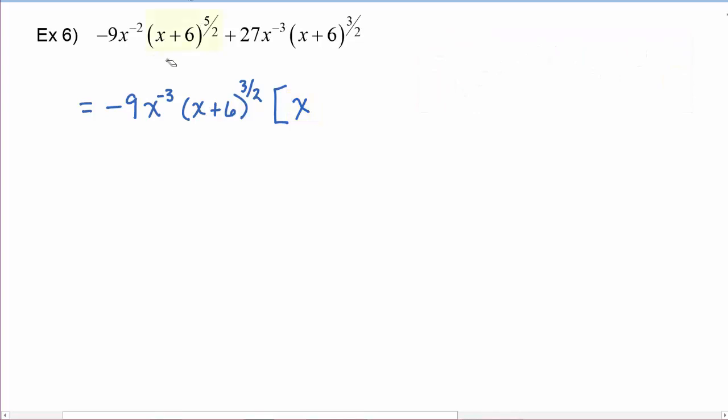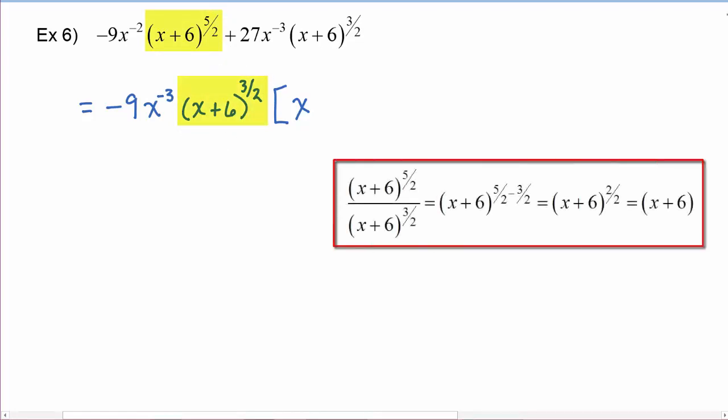Now when we have x plus 6 to the 5 halves divided by x plus 6 to the 3 halves, we know that means we'll have to do 5 halves minus 3 halves, which becomes 2 halves, which is x plus 6 to the first power, and of course we can leave the first power off.